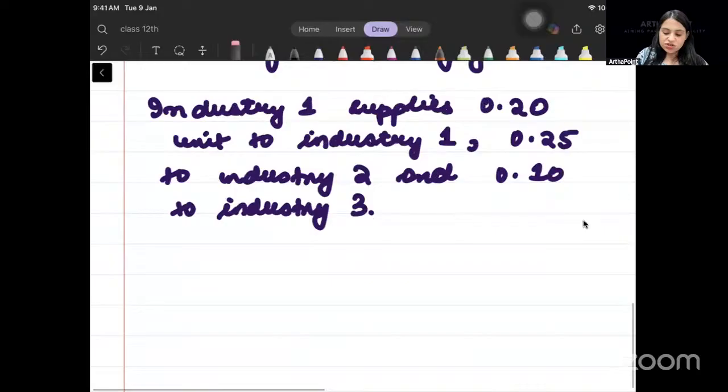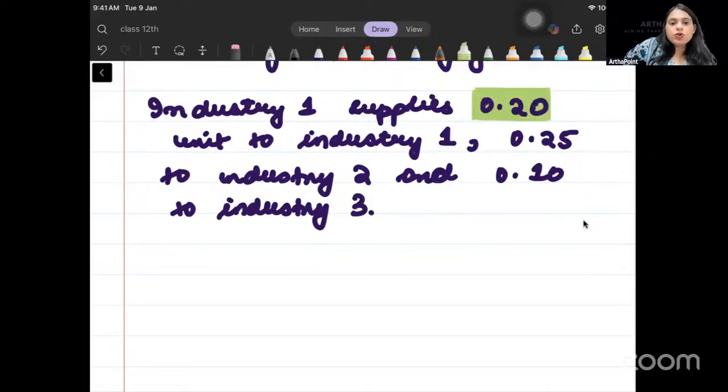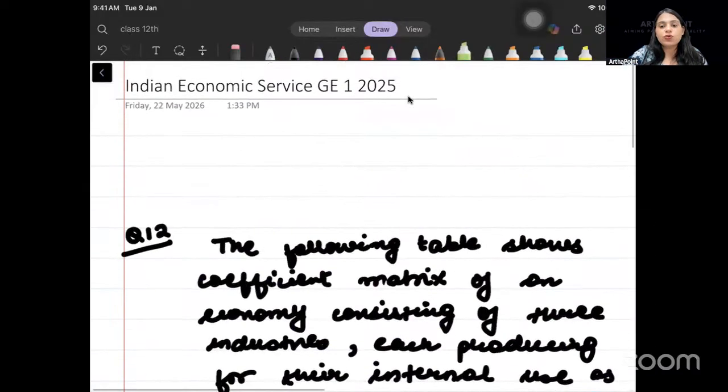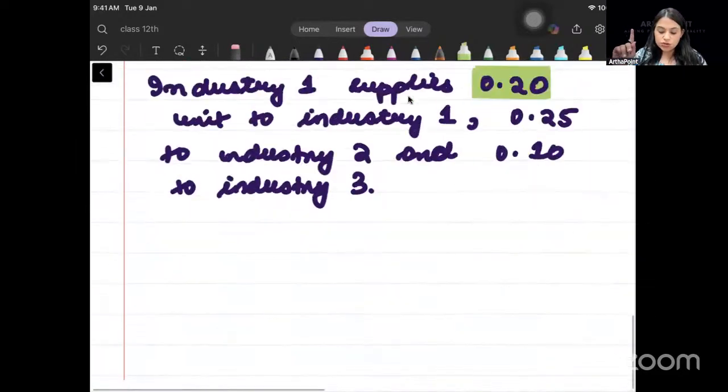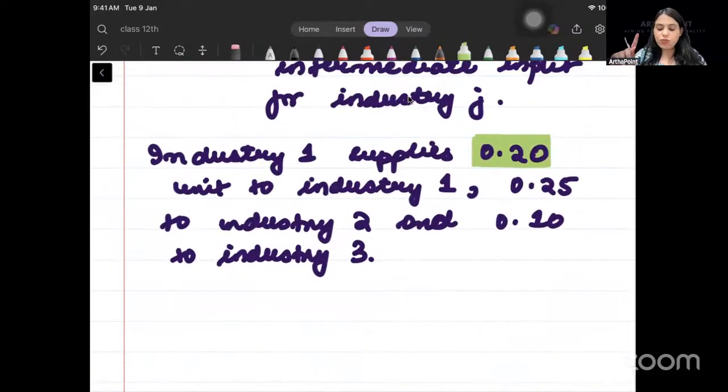So industry 1 is supplying 0.2 units to industry 1 to support 1 unit of production of industry 1। मतलब अगर industry 1 को 1 यूनिट प्रोड्यूस करना है तो उसके लिए वो industry 1 का 0.2 यूनिट यूज करेगी, right?